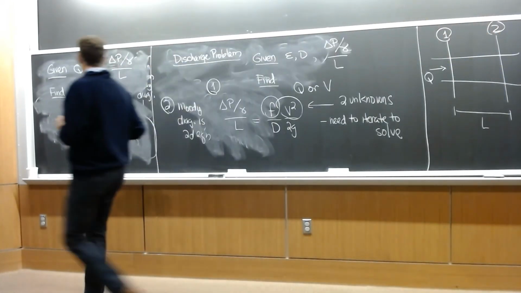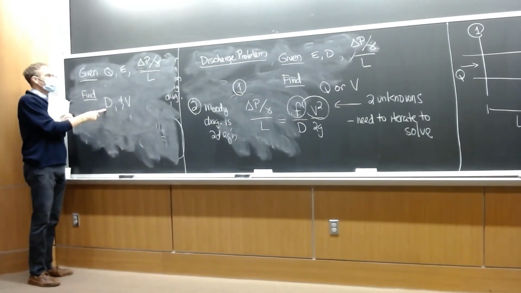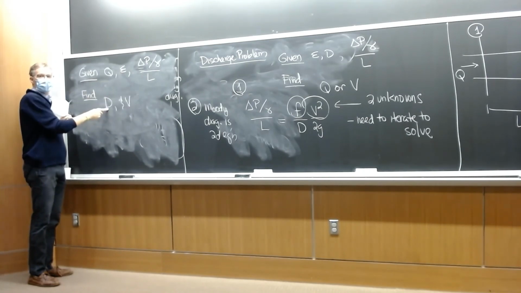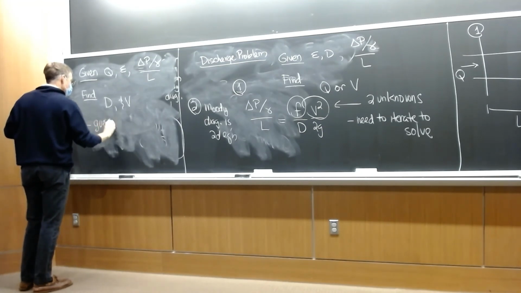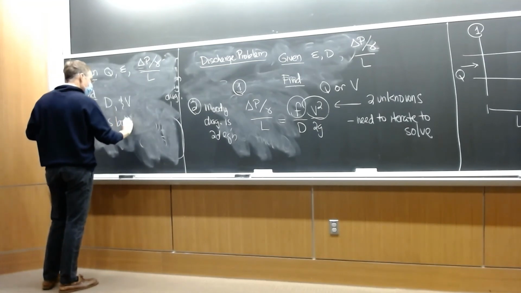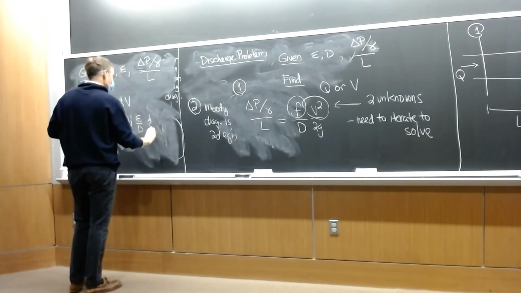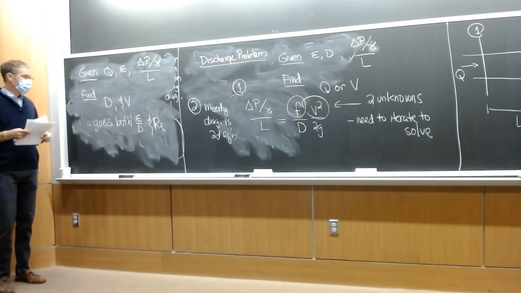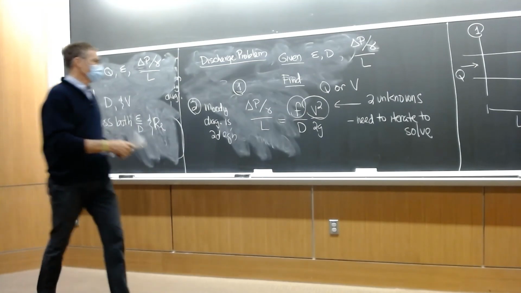In this problem, since we don't know the pipe diameter, we don't know either the relative roughness, that is epsilon over D, or the Reynolds number. So we have to guess. If we were to guess values, we'd need to guess both to get a friction factor.